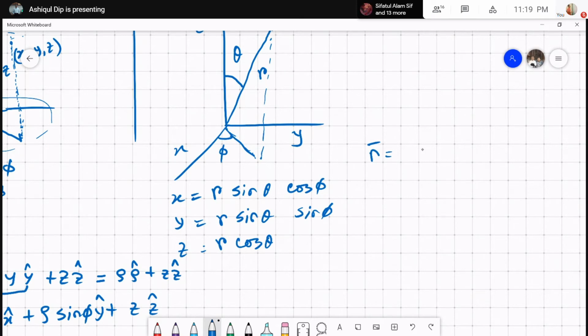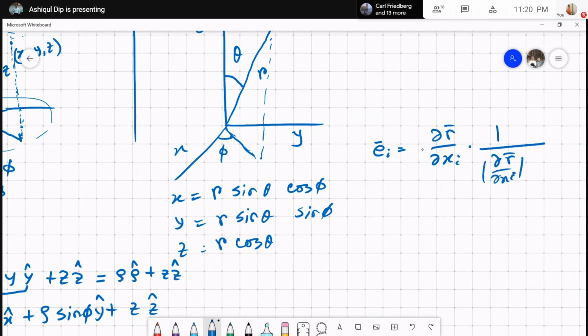Just remember, when you have a term like delta r over delta r, we call it r hat. In general, some unit basis vector e_i is defined as delta r over delta of that specific coordinate x_i, normalized, like 1 over the norm of delta r over delta x_i.